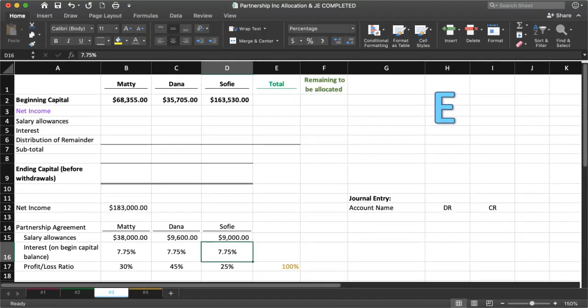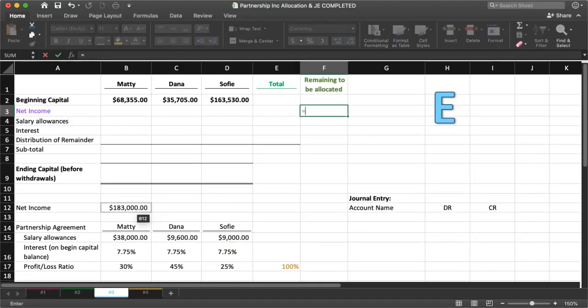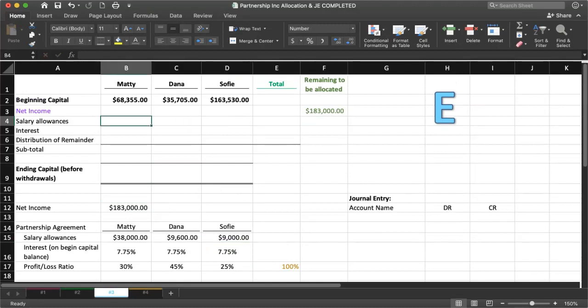So net income was $183,000. All right, so we have $183,000 that needs to be allocated. There are salary allowances. Maddie gets $38,000, Dana $9,600, and Sophie $9,000.